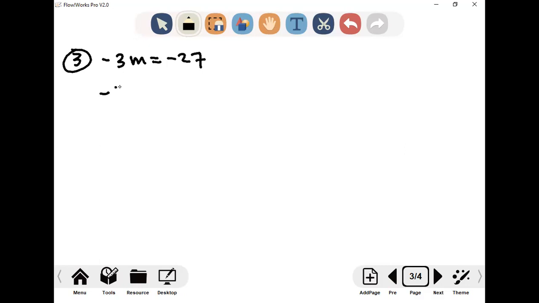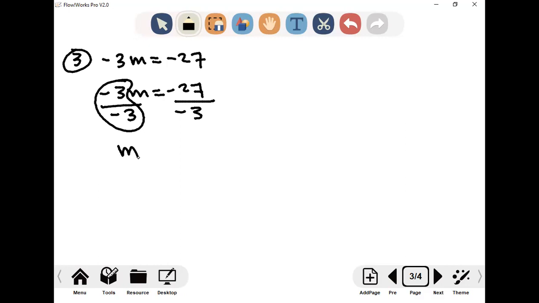So here I will rewrite the equation, and divide both sides by minus 3, minus 3. Now, minus 3 divided by minus 3 is how much? Plus 1, right? 1 multiplied by m is m. No need to write 1m, right? So here it is m, equal.